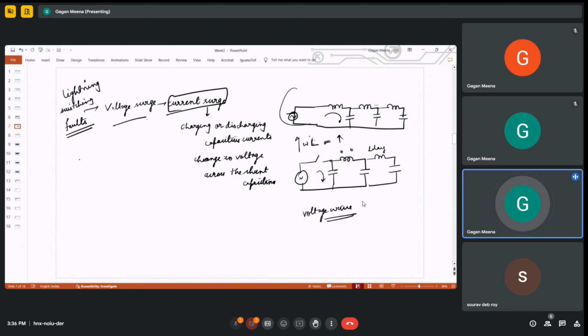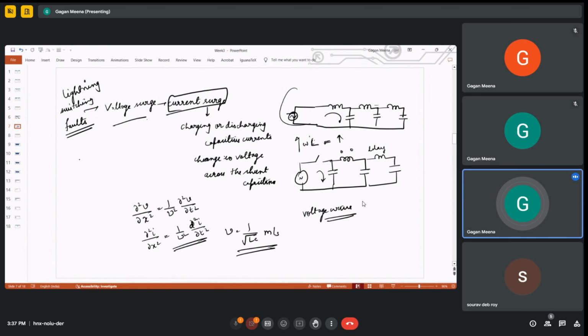And that is why we have this traveling wave equation for the transmission line: del square V by del x square is equal to 1 by v square del square V by del t square, and del square I by del x square is equal to 1 by v square del square I by del t square, where v is 1 by square root of LC centimeter per second.